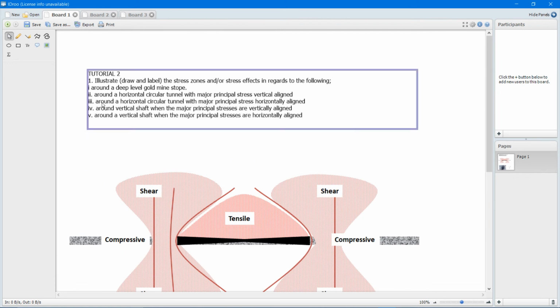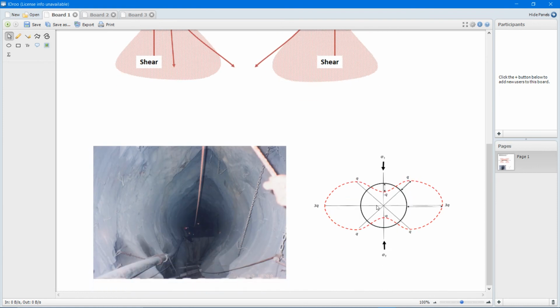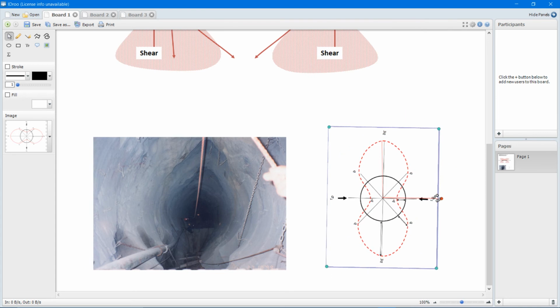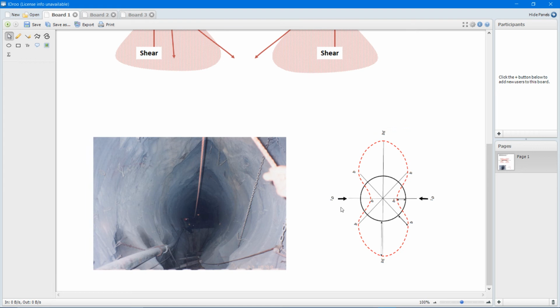And then here we're being told around a horizontal circular tunnel with major principal stress horizontally aligned. So it's no longer vertically but horizontally aligned. So typically you just would represent it in a tilted form to your original representation. Now you have the stress horizontally aligned, and that's your round tunnel, and that's your stress profile.